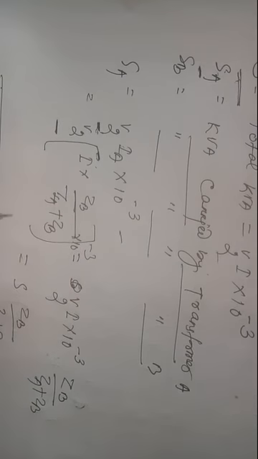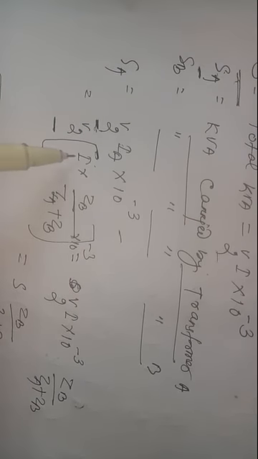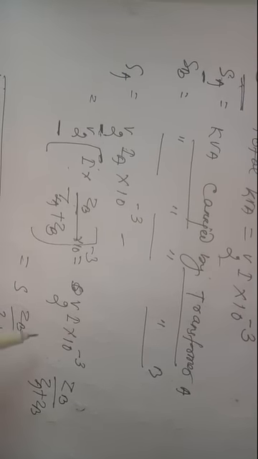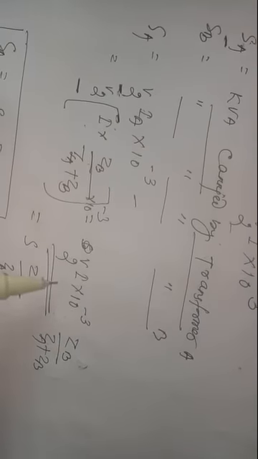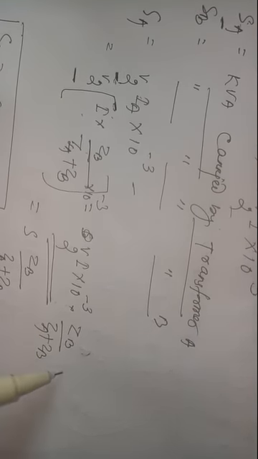We have already gone through the value of IA: total current into the opposite impedance ZB divided by ZA plus ZB. So V2 into I into 10 to the power minus 3, into ZB divided by ZA plus ZB.